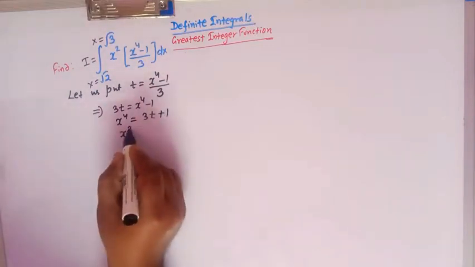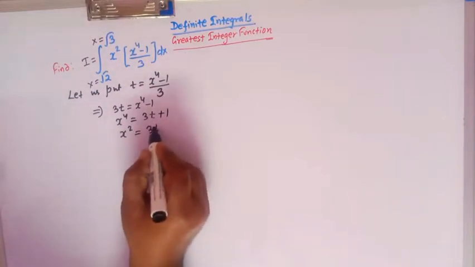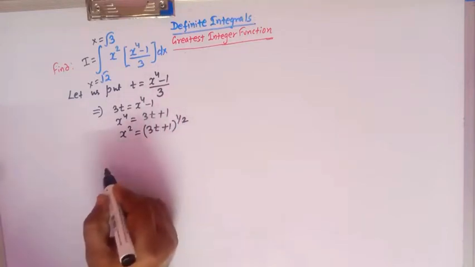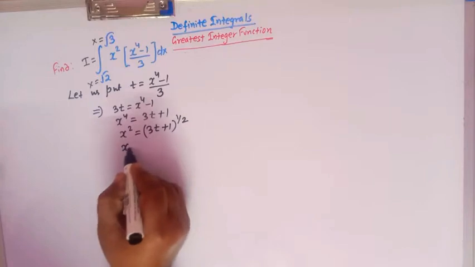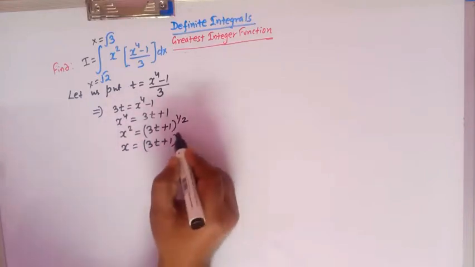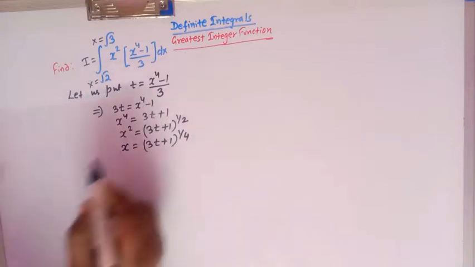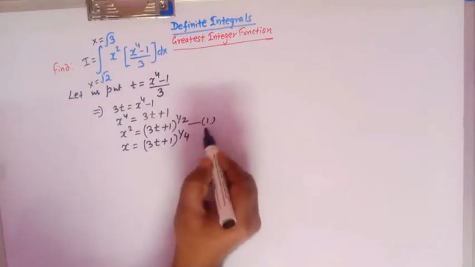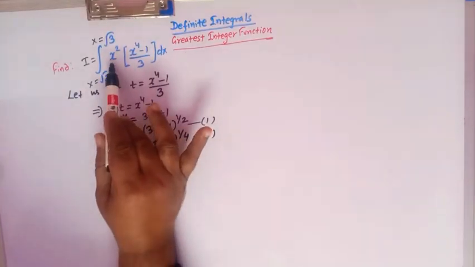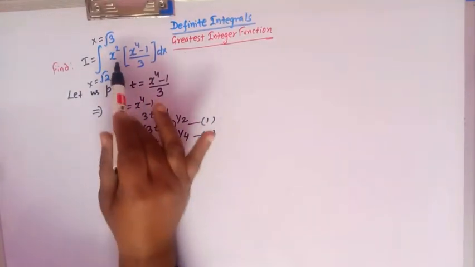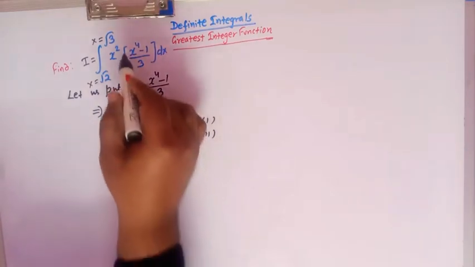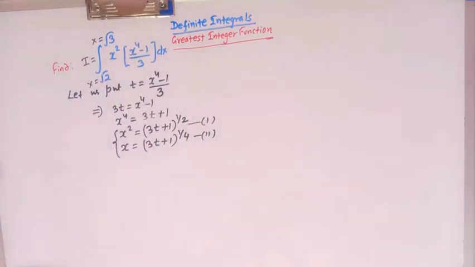And x² is equal to (3t + 1)^(1/2), and x is equal to (3t + 1)^(1/4), right? So when we simplify this integral, these two expressions will be used, right?